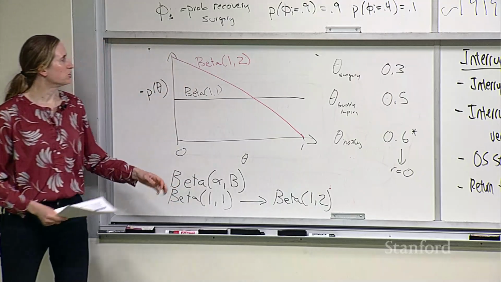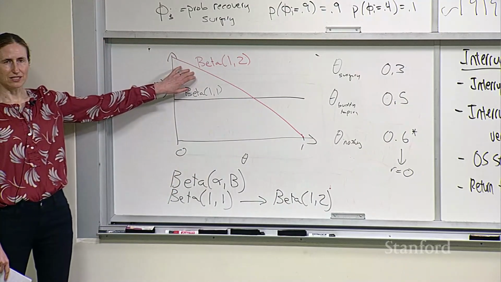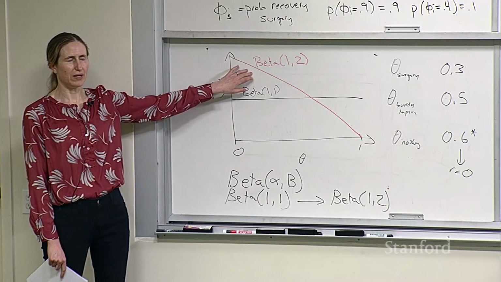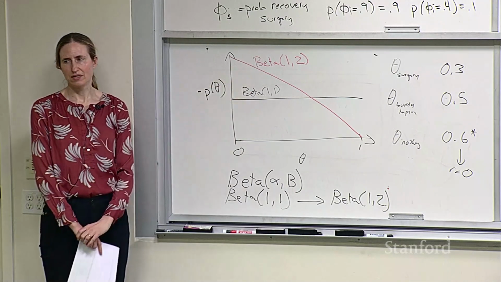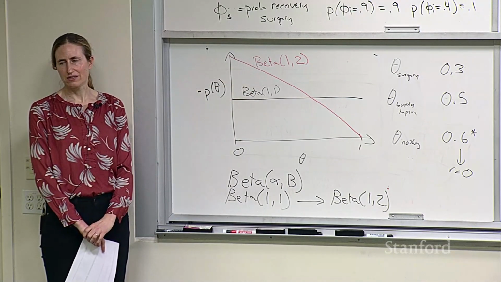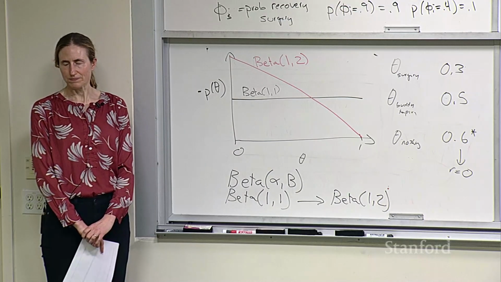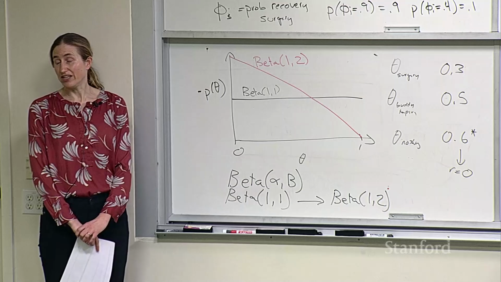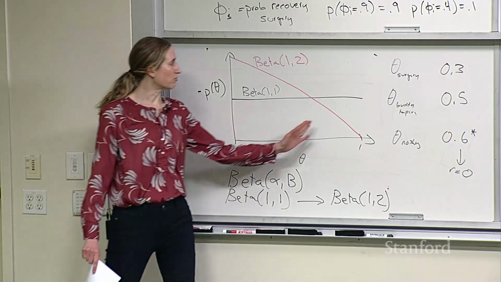Does somebody want to tell me intuitively why it makes sense that this looks like this for doing nothing? Where does this put weight in terms of parameters? Since we received a 0, we should think it's more likely to be 0. Yeah, we should think of the parameter value as likely lower, and so we've shifted our probability mass.